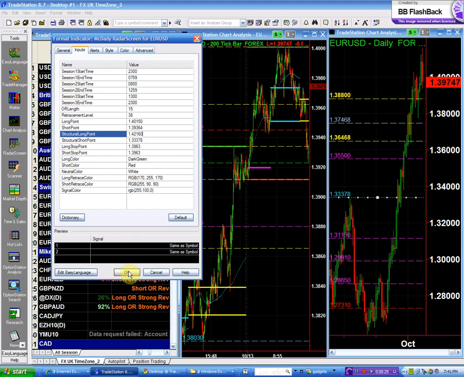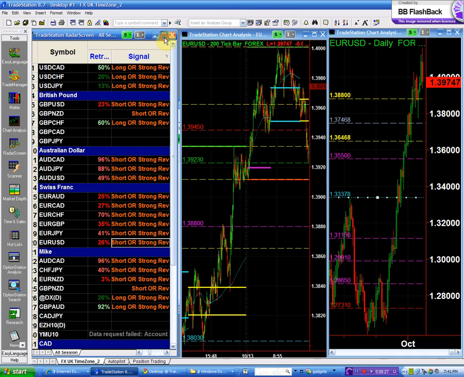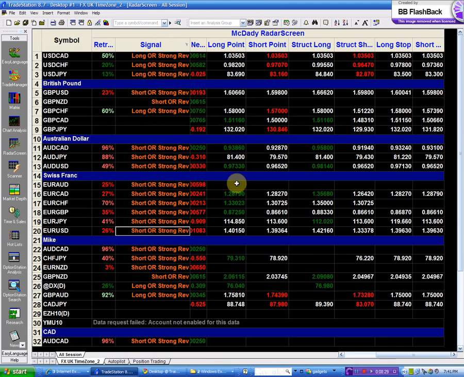Okay, so the plan for the euro dollar is we're going to buy the euro dollar above 140.15, and if we buy it above 140.15, we're going to place our stop below 139.63, and our structure long is 142.16. So I'm buying at 140.15, and my structure long is the 142.16, and my stop is 139.63.